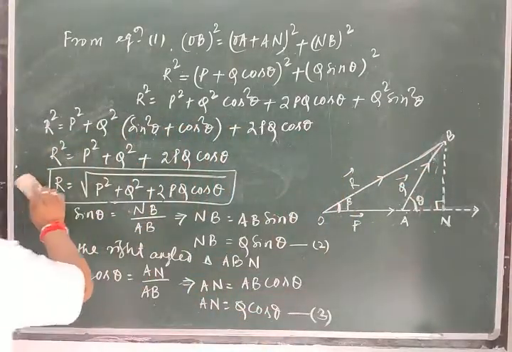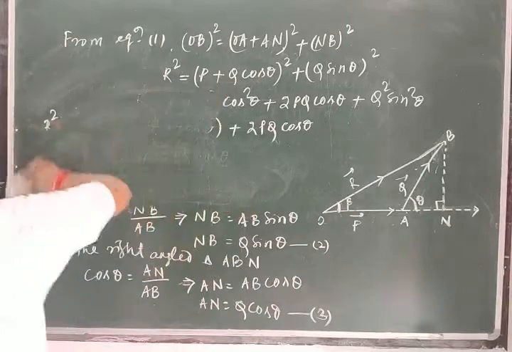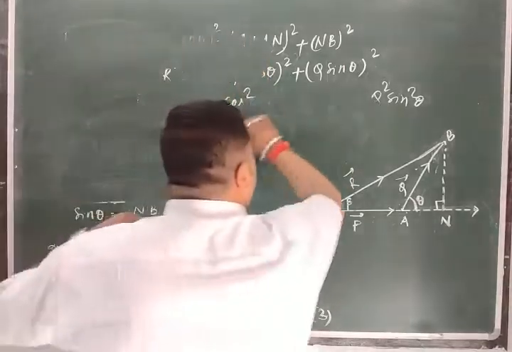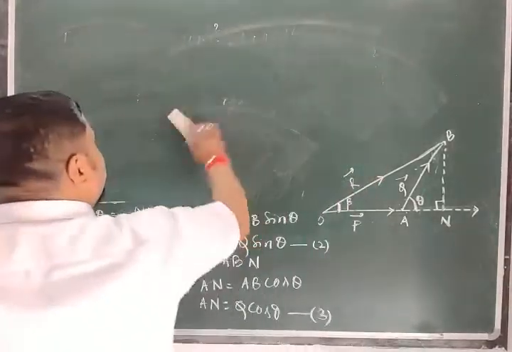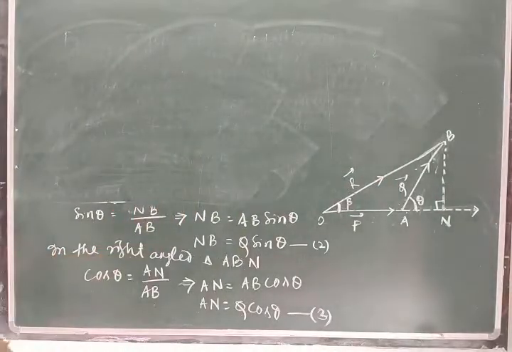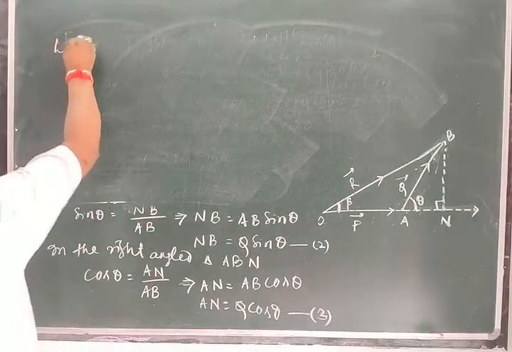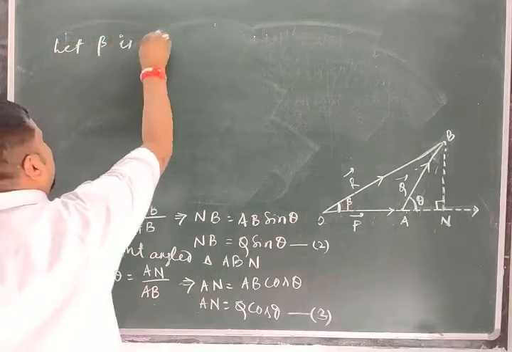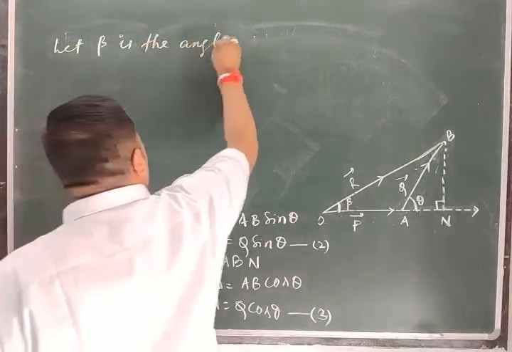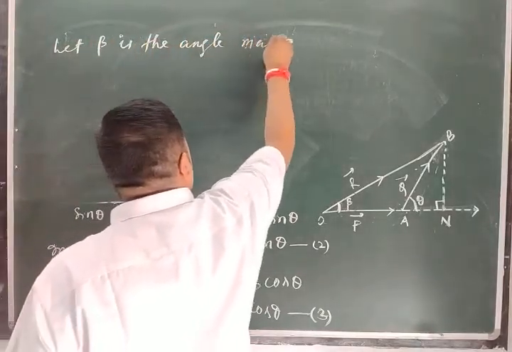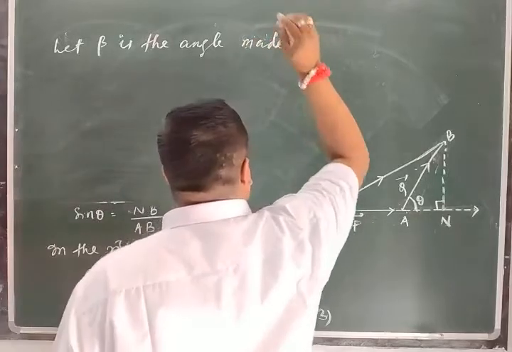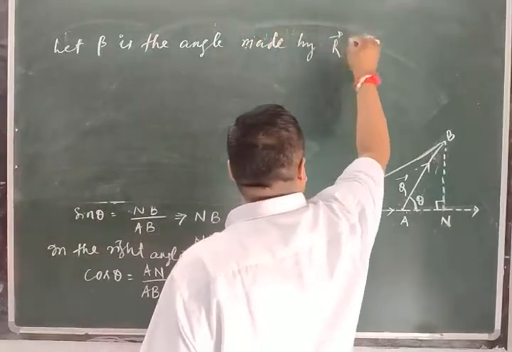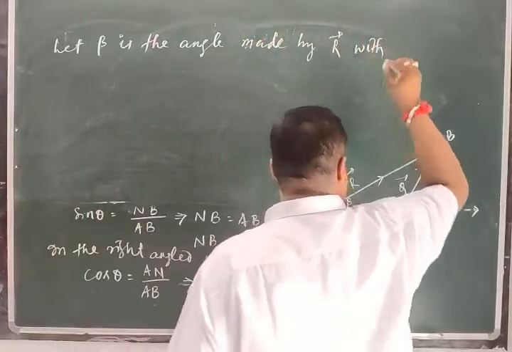So let me erase this part. Clear. Now let beta be the angle made by the resultant R with P.